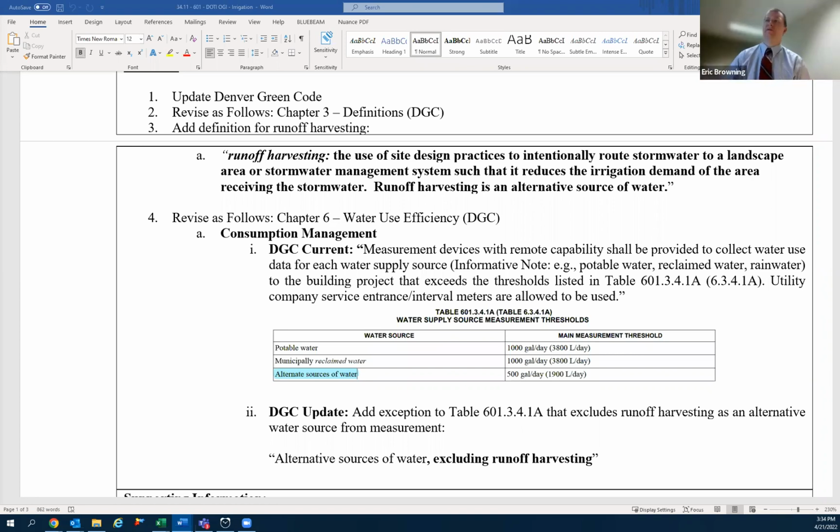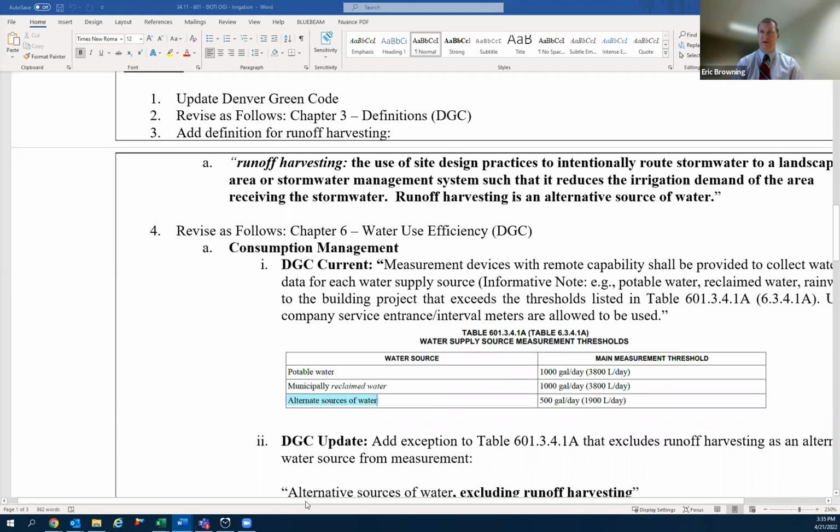I do have a question for the proponent. I know I'm a little late coming in, but with respect to the item on the table, alternate sources of water, I'm not clear that that in and of itself is a defined term.